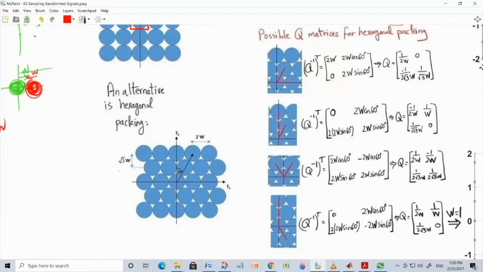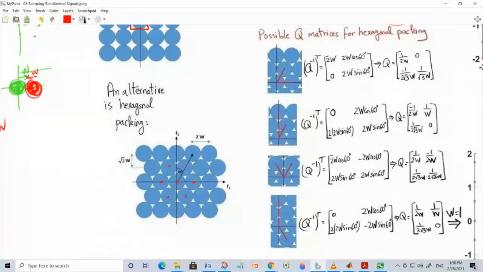Okay, so this is one in which you don't have overlap. This is hexagonal sampling. You see that the pattern here will be repeated. This is the original spectrum. Now it is repeated, and you can connect the centers of those, and you will see that the centers are living on the vertices of a hexagon.